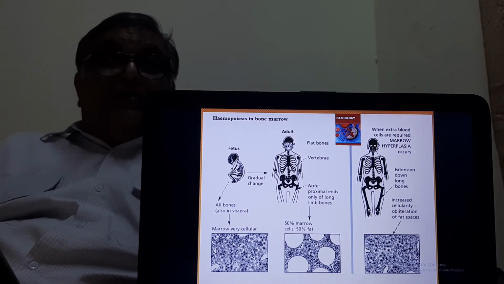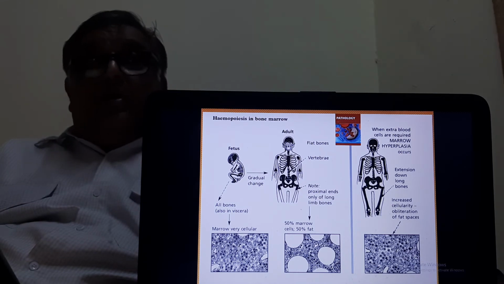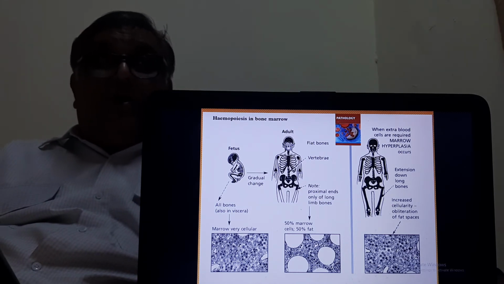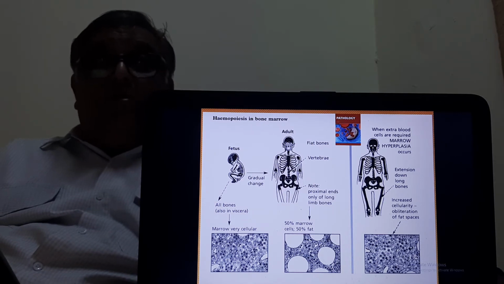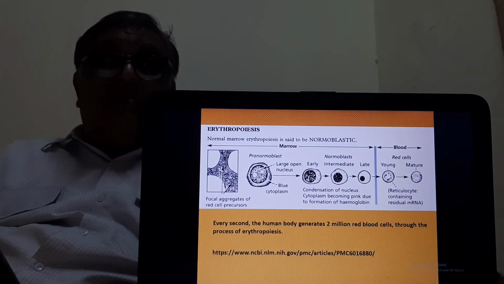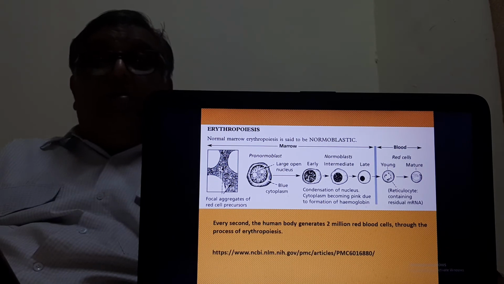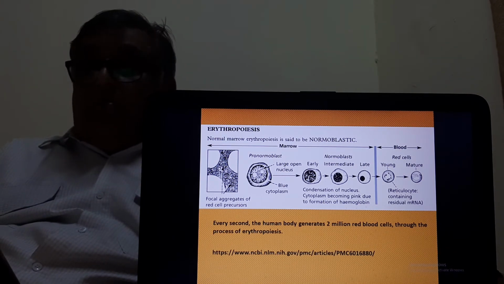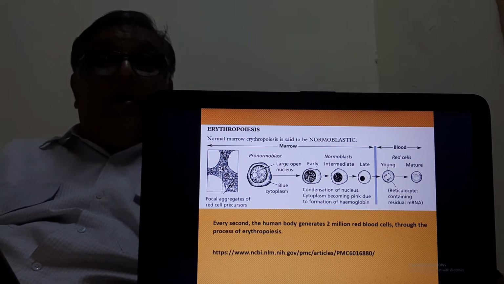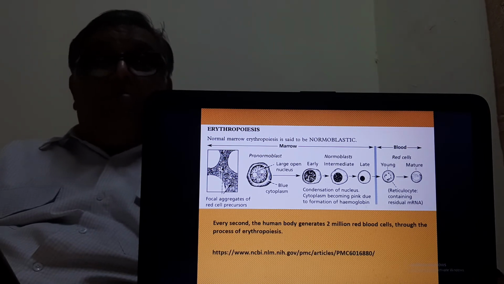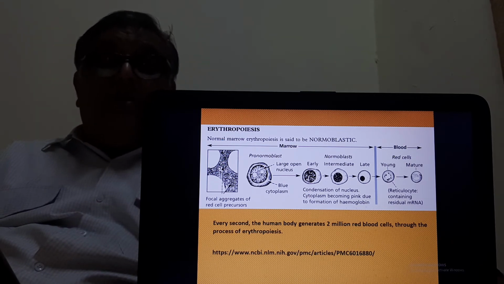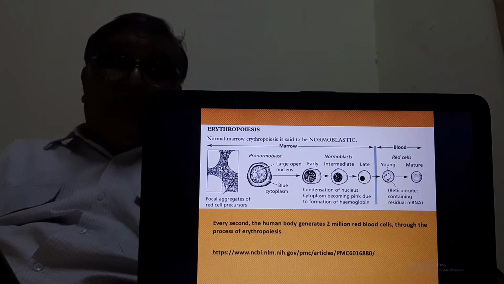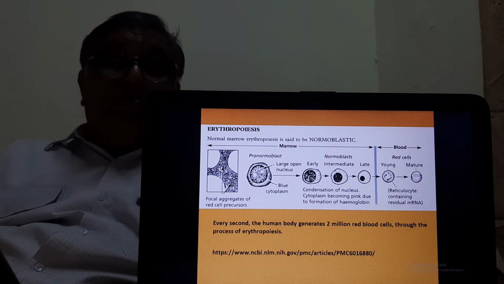Erythropoiesis undergoes various stages. Initially, the cell has a large nucleus, and the cytoplasm is rather bluish in color. This is called the pronormoblastic stage. Later on, it goes into the normoblastic stage, and after a certain period of time, the developing red blood cell loses the nucleus and certain organelles, and becomes what is called a reticulocyte.